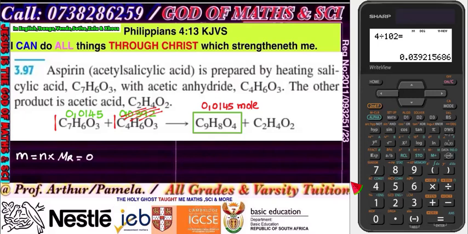So it's going to be 0.0145 multiplied by the relative molecular mass for that one. There are 9 carbons, meaning 9 times 12, plus 8 from the hydrogen, plus 4 times 16. That is 180. So we times it by 180, it will give the grams.